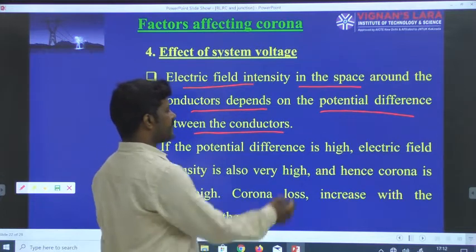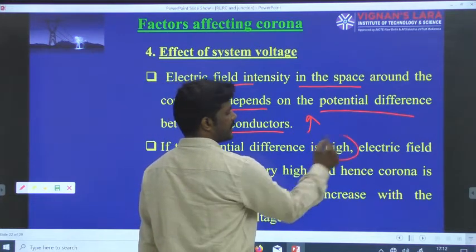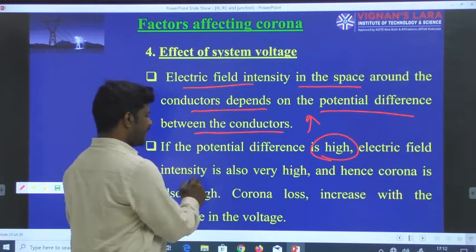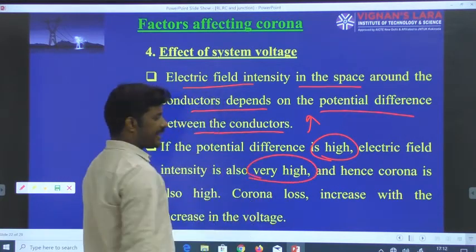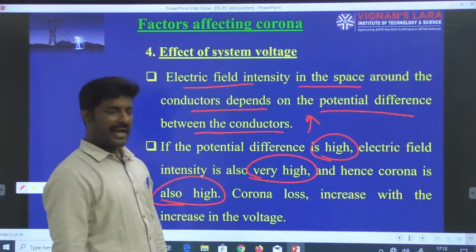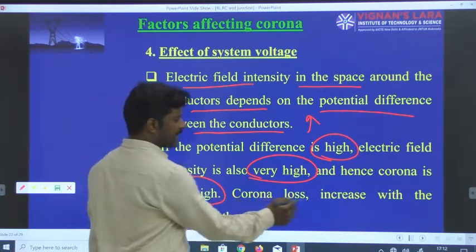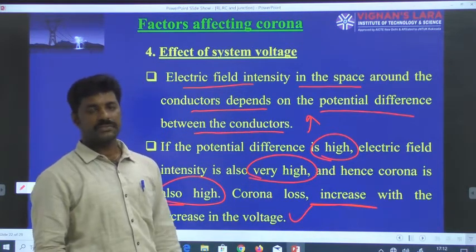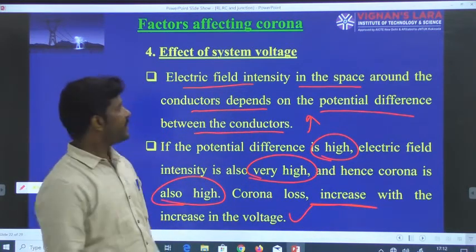If the potential difference between the conductors is high, the electric field intensity is also high. If the electric field intensity is high, then the corona production is also high. So the corona losses increase with increase in the voltage. It is directly proportional, similar to our operating voltages.